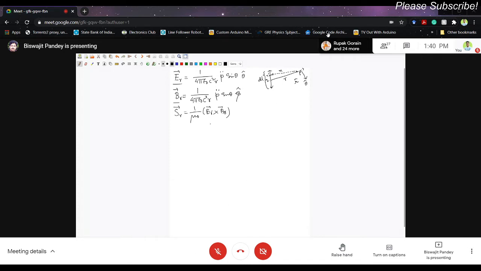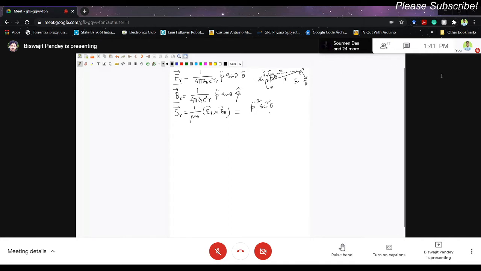Okay, so E cross B, and we substitute this to get, as I have already done this, simply p double dot square on the numerator, p double dot square sine square theta. Remember, theta is the angle between this radius vector r and the dipole axis.